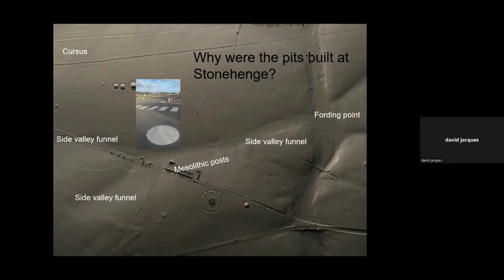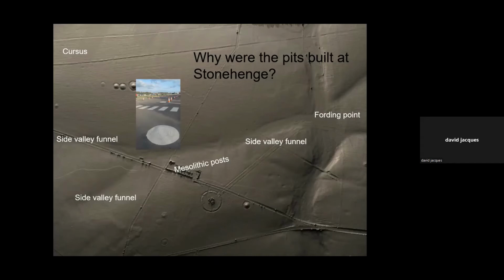What I did was I thought, well, how does all this work if you put animals into it? And it occurred to me, hang on a minute, you've got a natural kill zone here. You've got side funnels that are channeling animal movement into these funnels. And so people that know this have got an advantage when it comes to hunting the animals.